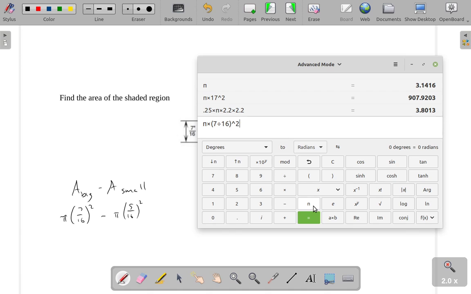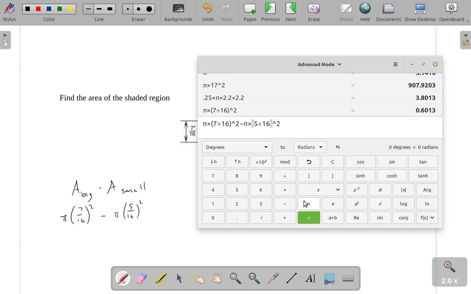Also, I could allow my calculator to evaluate that number right there, or I could just say, okay, I'm going to take this thing and subtract off pi times 5/16 squared. And you can see I'm choosing to do it this way. I'm basically letting the calculator do all this stuff for me.